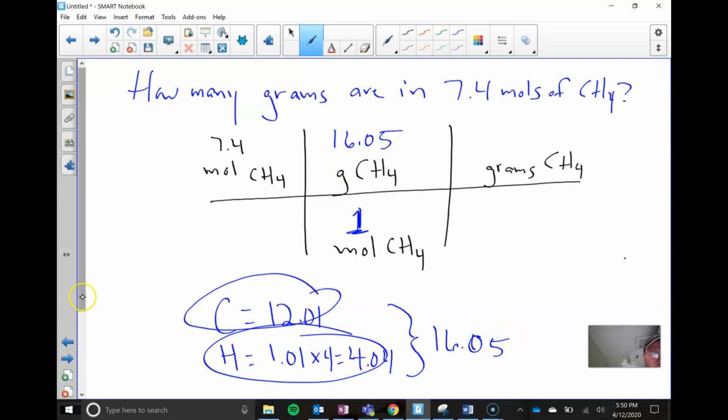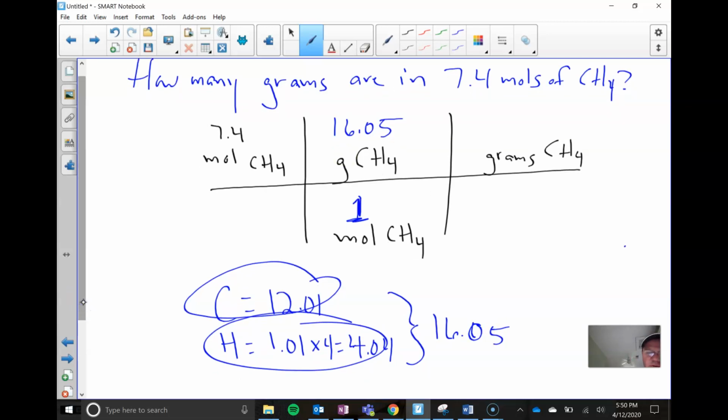Okay, so now at this point, we can actually do our calculation up here. So our moles units cancel top and bottom. We are now in grams of CH4. That's where we want to be. So now it's multiplication. 7.4 times 16.05. We crunch that number really quickly.